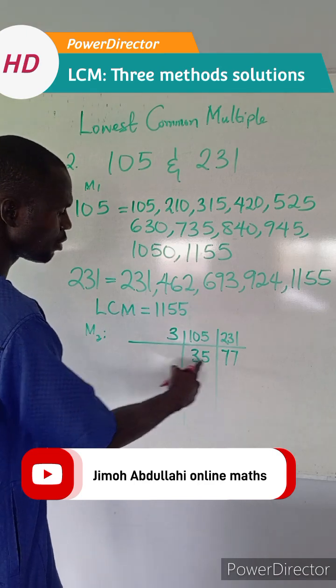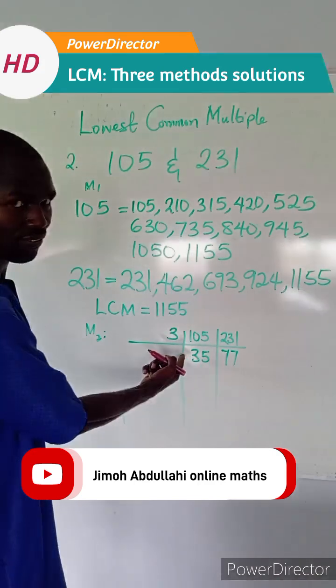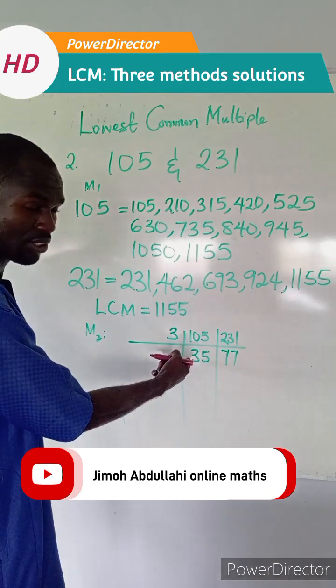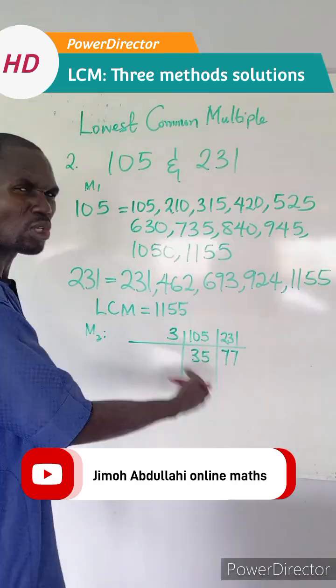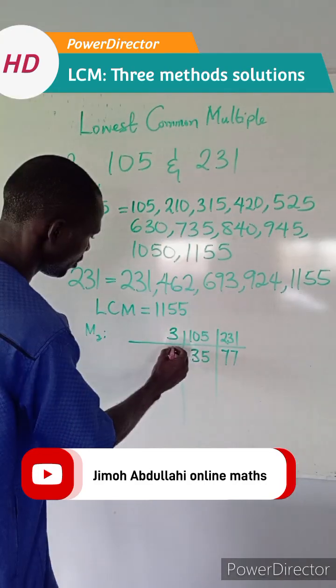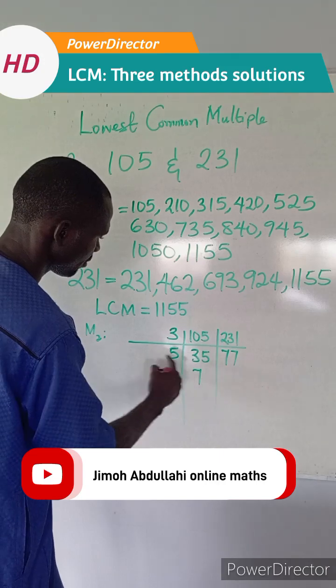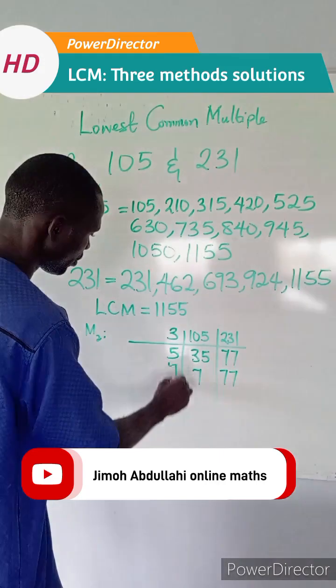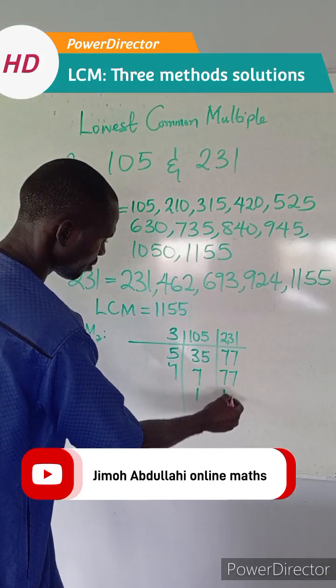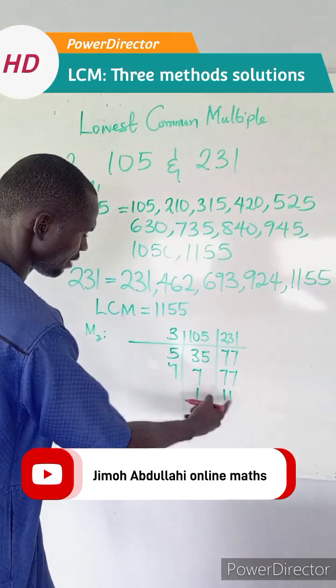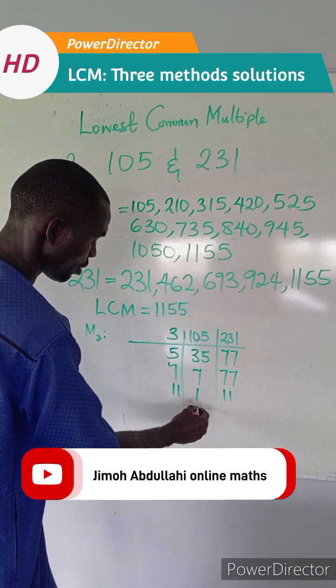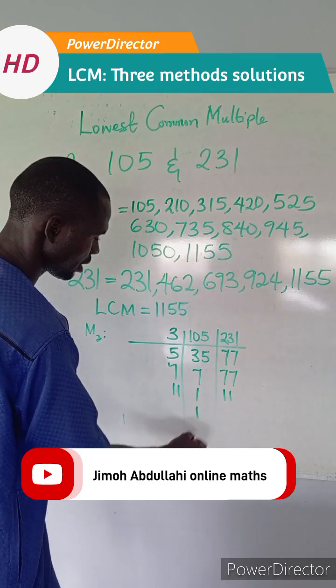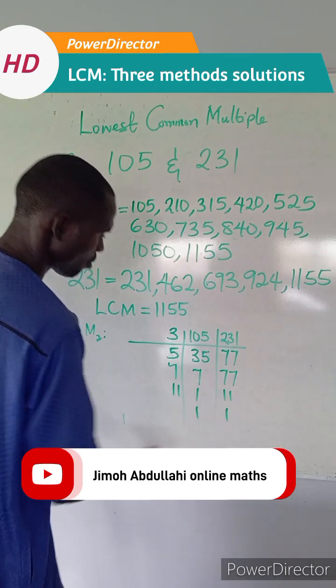Then we can't use 7, we will use 5. Even if 5 can go, 7 can go in 35, 7 can go here, we use the lowest one, that is 5. So 5 goes in 35, 7. 5 cannot go here, you write here 77 back. Now 7 goes in 7, 1. 7 goes in 77, 11. Now 11 cannot go in 1, we write here 1, then 11 goes in 11, 1.